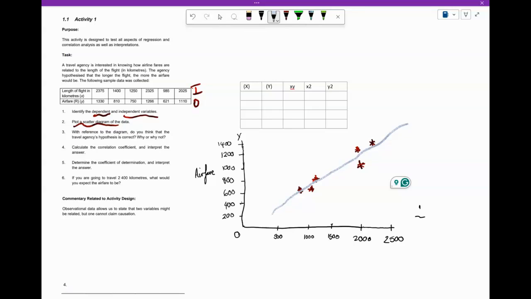So you're both 100% right. Remember, we said in the slides, the closer these points are, the more there's a correlation. But also, here, this is the airfare price, isn't it? The y-axis. So as you can see, as the distance increases, because we know the x-axis is our distance, and sorry, I didn't actually write that.